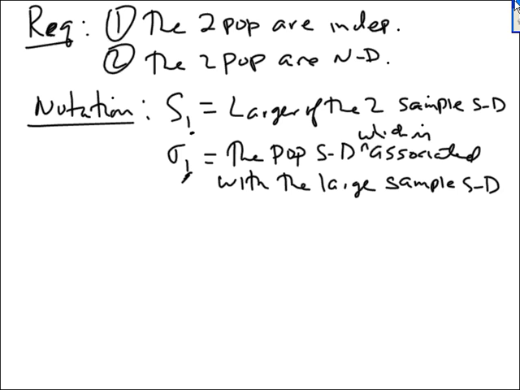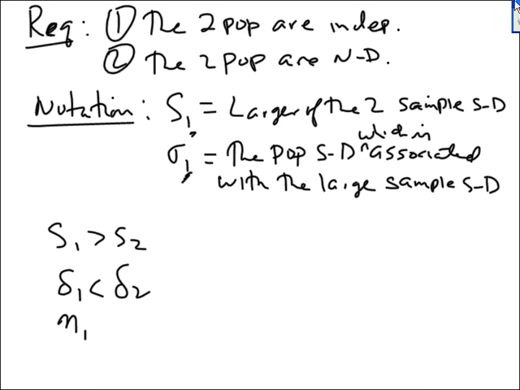Anytime you see a subscript of 1, it's the information about the sample that had the larger standard deviation. It might be that S1 is bigger than S2, but the standard deviation of the first population is smaller than the standard deviation of the second population.